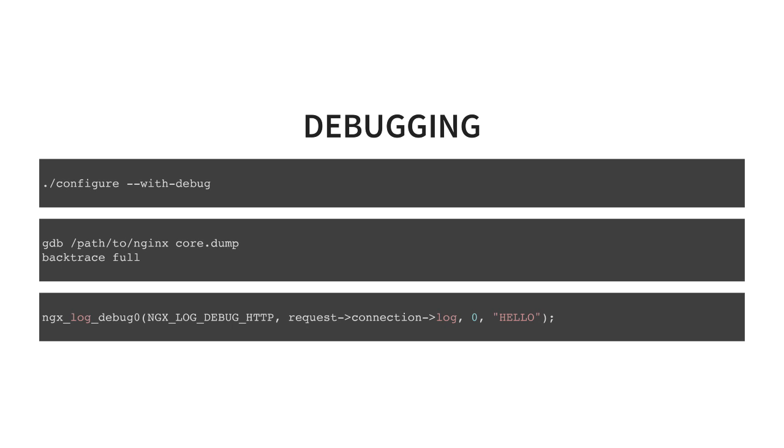And when it goes down with a segmentation fault, for example, it still continues to work because basically a single worker process goes down. Other workers are still accepting connections and processing the requests. So you can take a core dump from production, run GDB, and analyze.